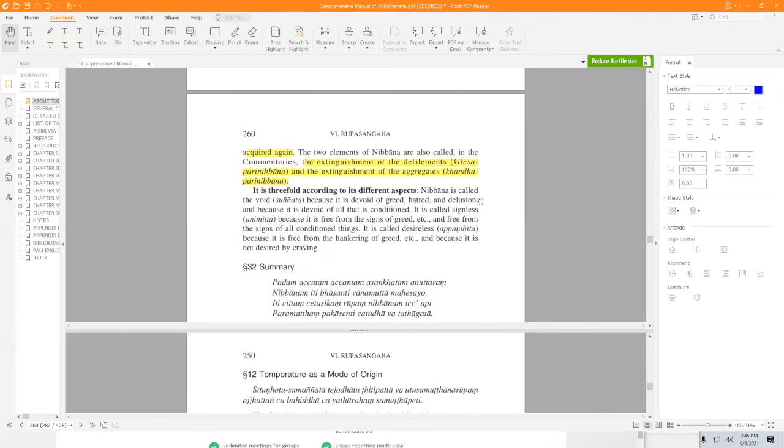And then Nibbana is distinguished as threefold according to its special aspects. So it can be called emptiness or voidness because it's empty of greed, hatred, and delusion, or because it's empty of everything conditioned.